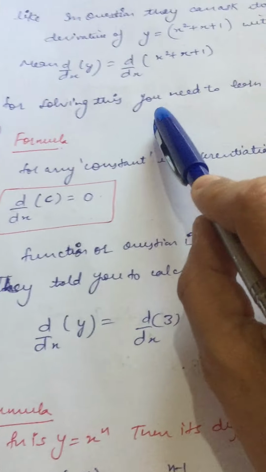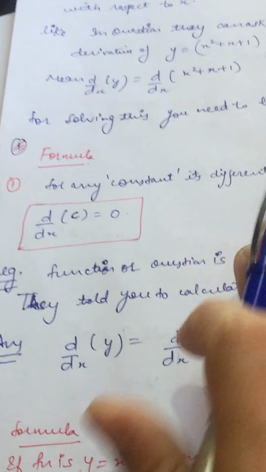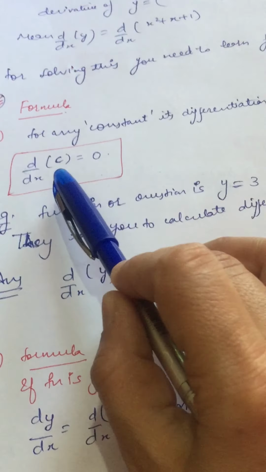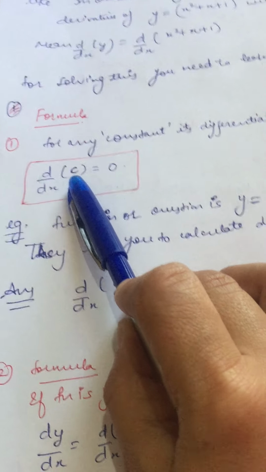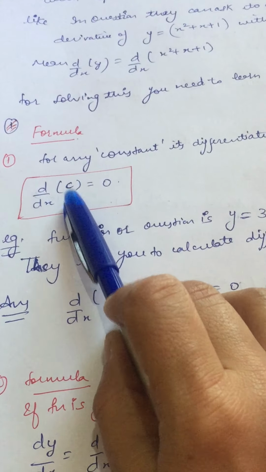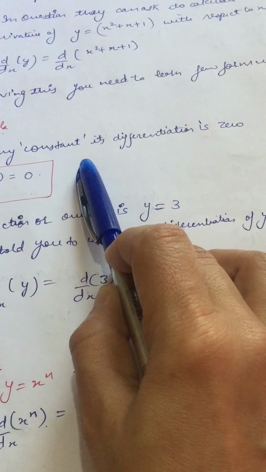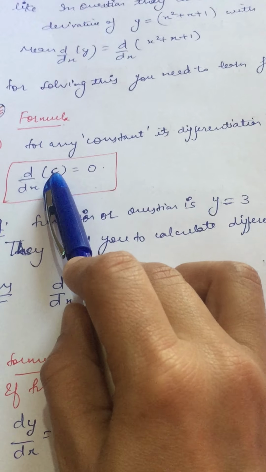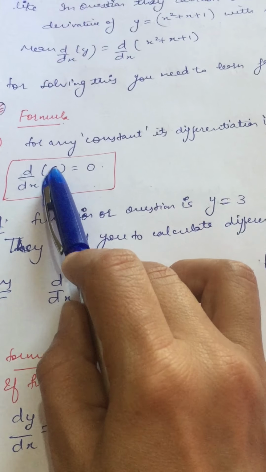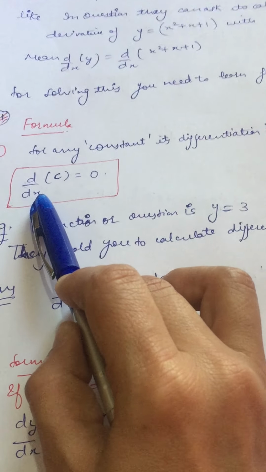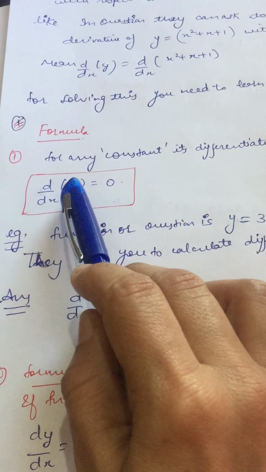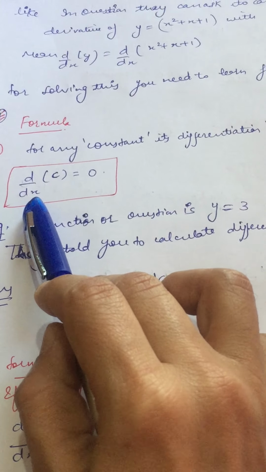So the first formula which I will discuss with you is that if your function y which is given to you is any constant, C means for any constant. If your function is a constant quantity and you are supposed to calculate its derivative with respect to x, then how you will write? dc by dx.